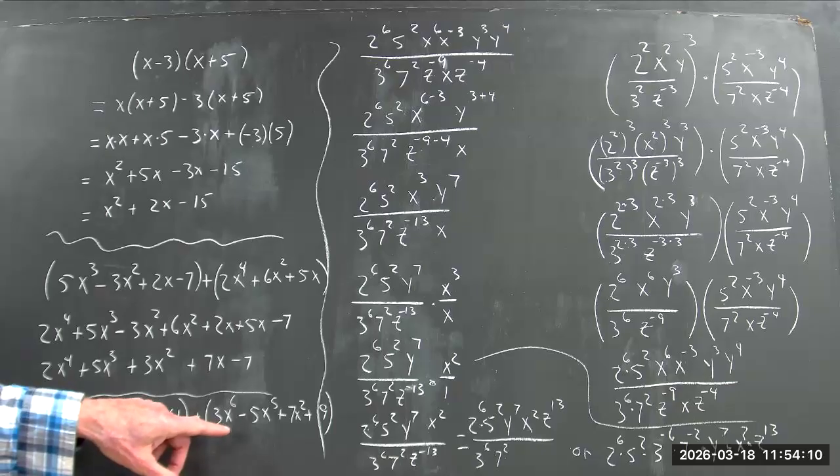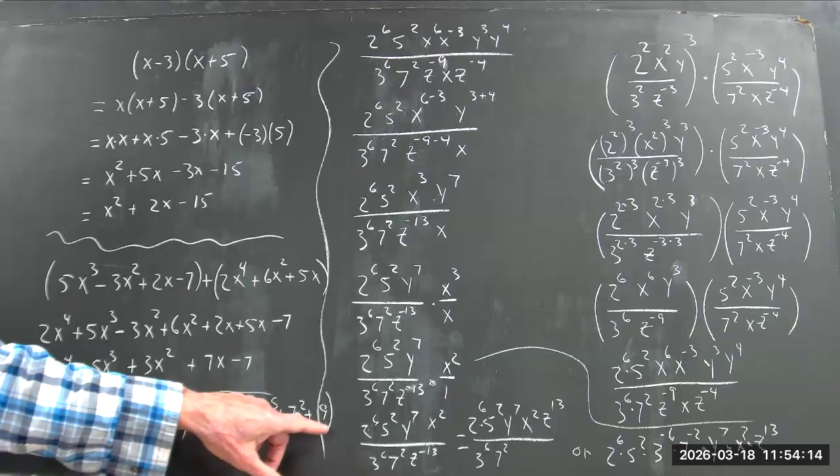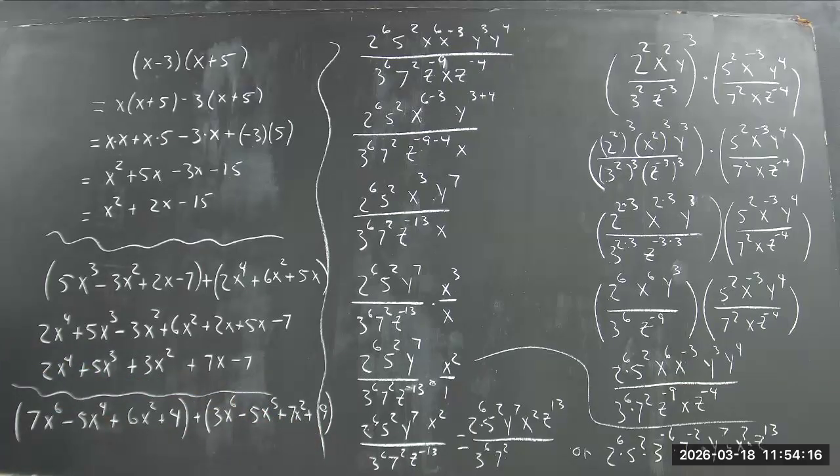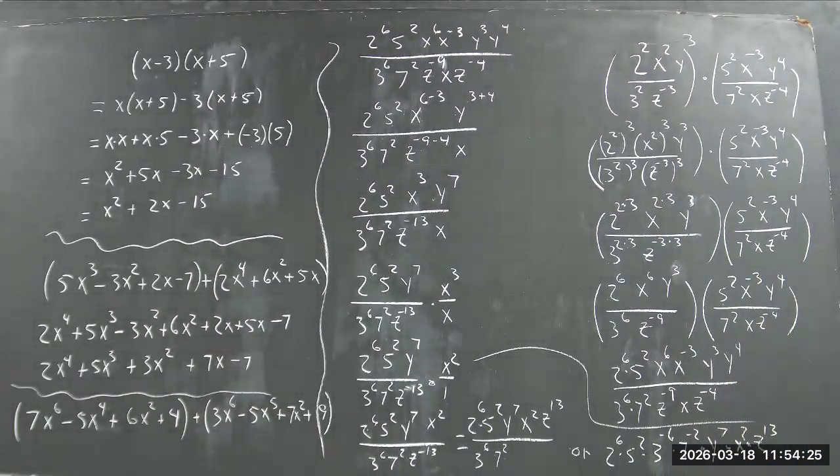Add that to 3x cubed minus 5x to the fifth plus 7x squared plus 9. Try to write out every step.